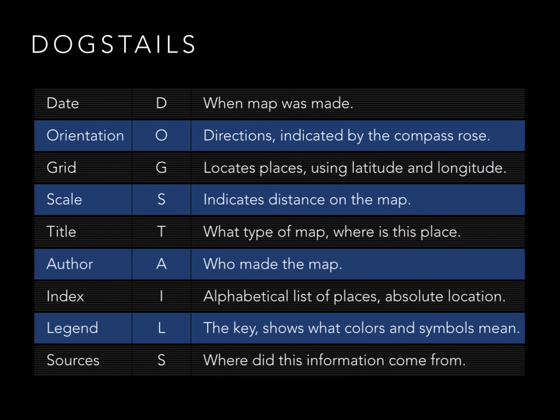And dog's tails just encourages you to look for the date, the orientation, the grid, latitude and longitude lines, scale, title, author, the index, if the map has one, legend, and any sources, where did the map come from.